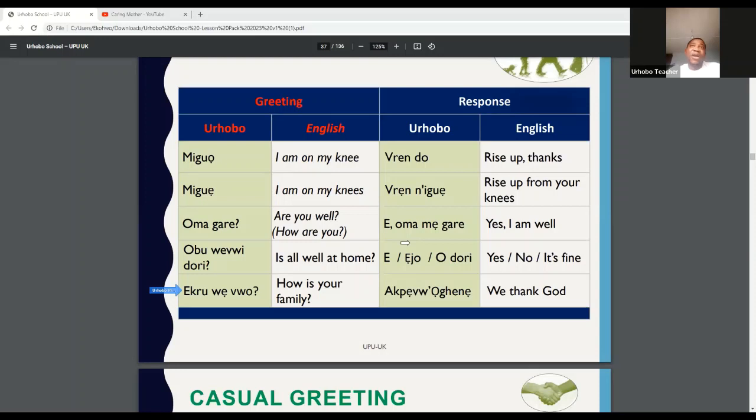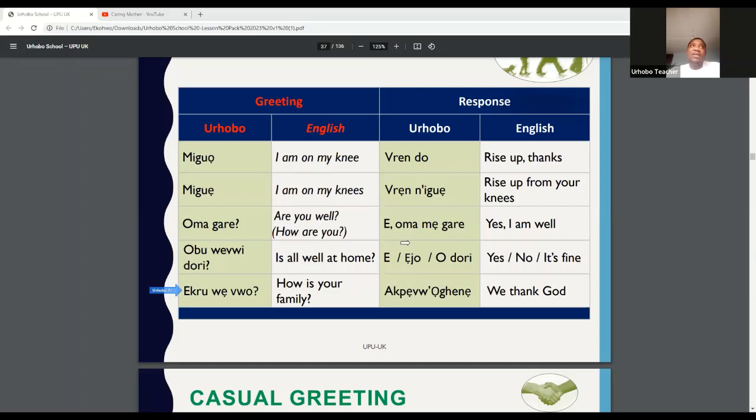So your family becomes ekru we. In English, your comes before family. In Urhobo, it is family before your. So if I say my family, in Urhobo it is reversed. It goes from family to my, so it becomes ekru me.